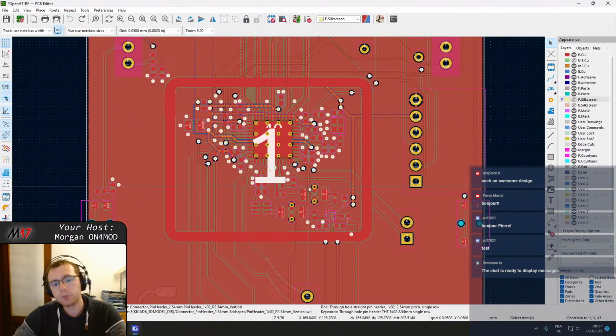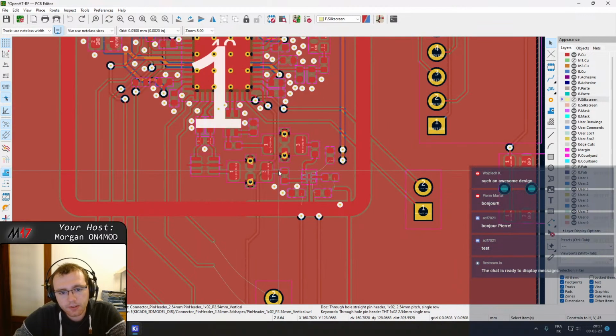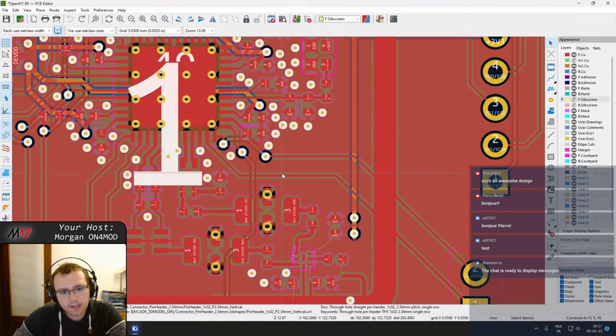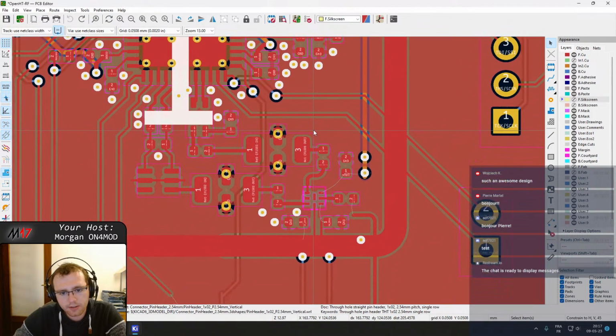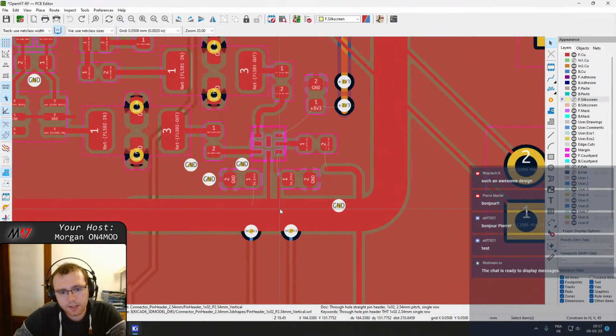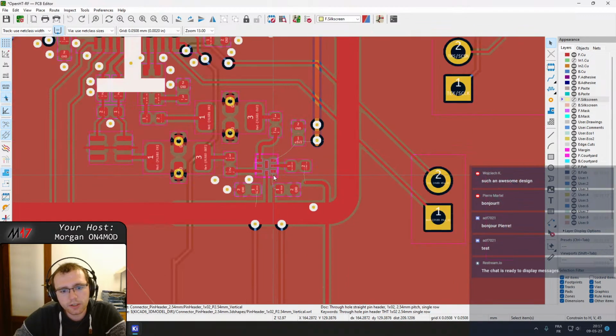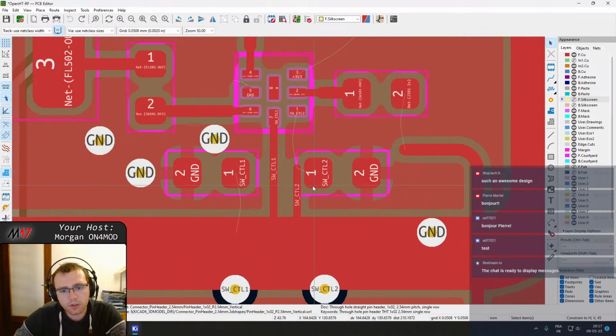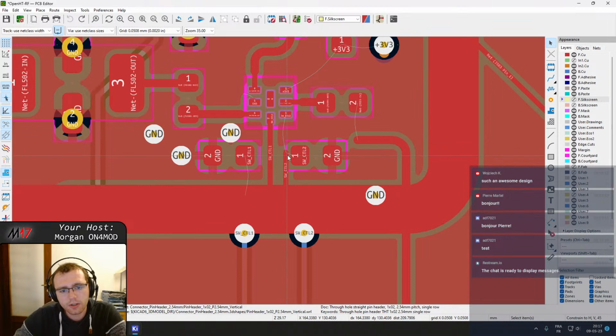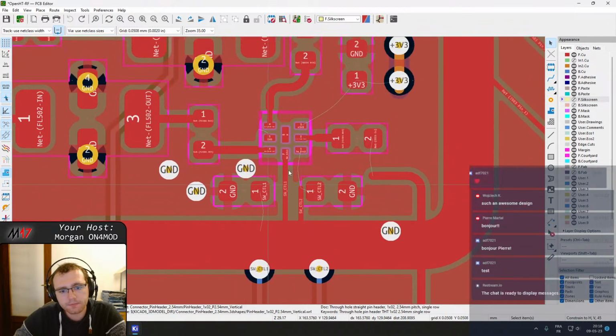So I moved the RF part of the design a bit, and I'm not really pleased yet with the current layout, because as you can see, I don't have enough room here for the two switch control capacitors and so on.